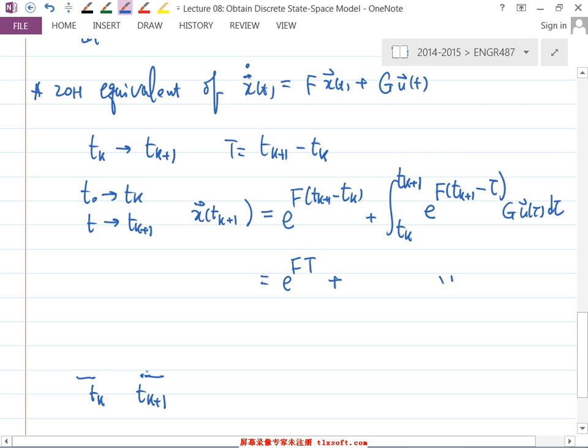No, it doesn't. It maintains at what value? During this tk to tk plus 1 moment, the control input maintains at the level of u of tk. So this is u of tk.